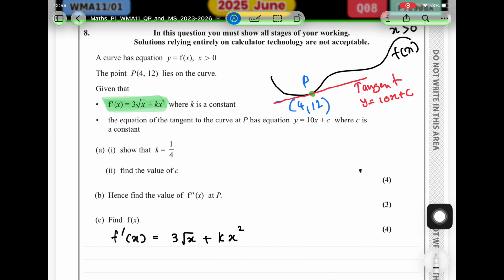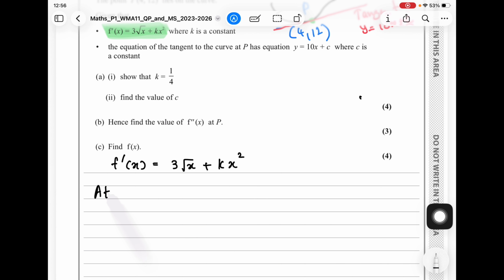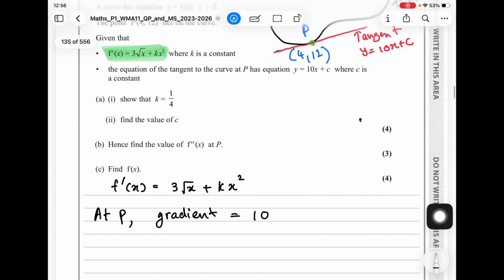And we also know at point P, the gradient is 10, because that's the 10 in 10x + c, which is f' when you put in the value.